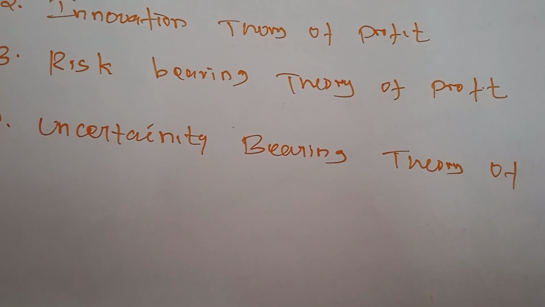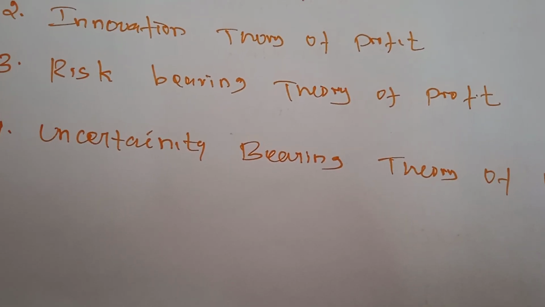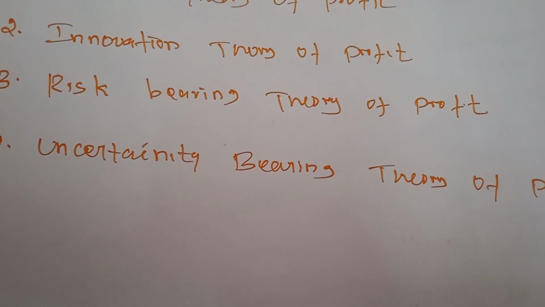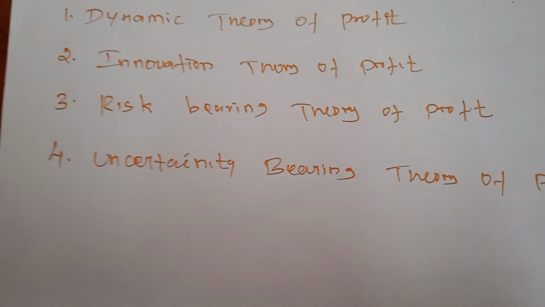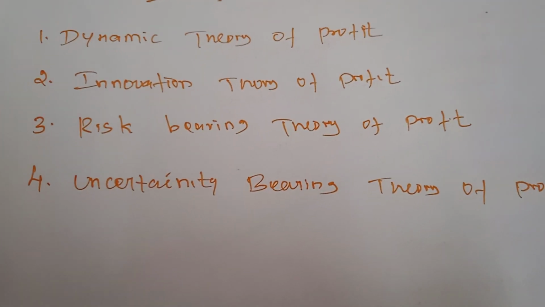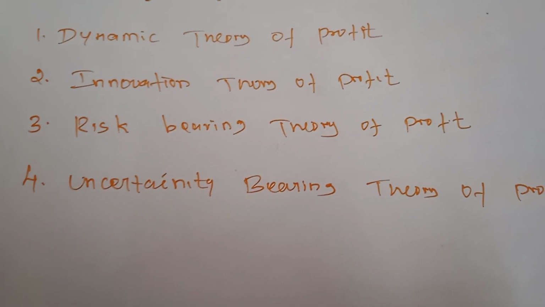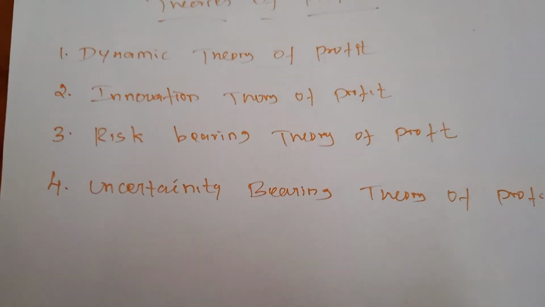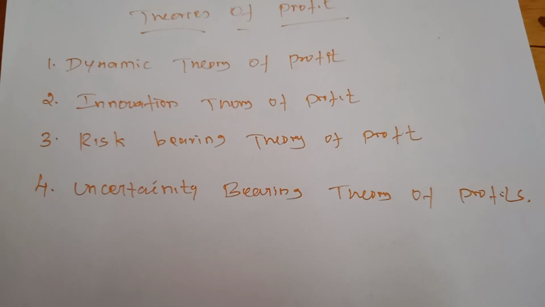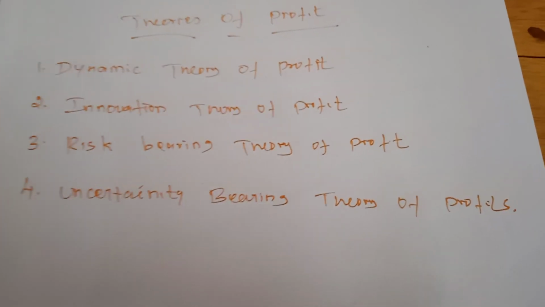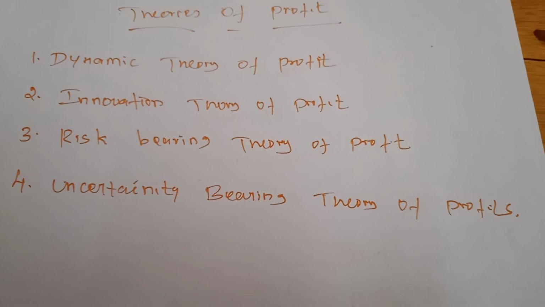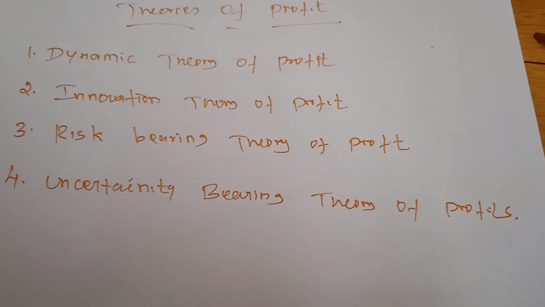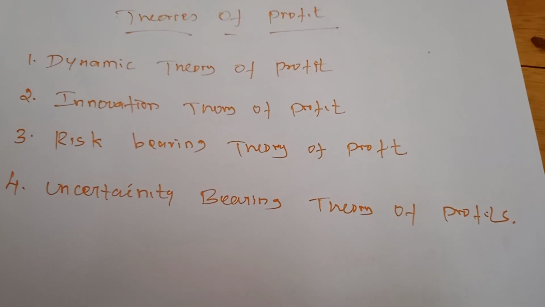When an entrepreneur takes on himself the burden of facing an uncertain event, he secures remuneration. That remuneration alone is considered as profit. If an entrepreneur has the power to bear the uncertainty risks himself, he will have the possibility of making the profit.